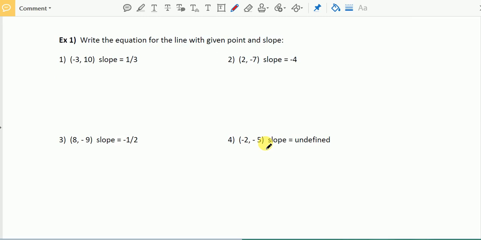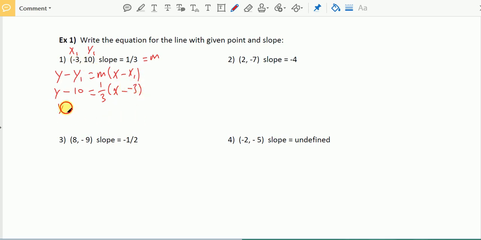So let's try the first one. We are given a point, and I call this point x1, y1. The slope is called m. Now the equation is y minus y1 equals m times x minus x1. Y minus y1, which is 10, m is 1/3, x minus x1 is x minus minus 3.